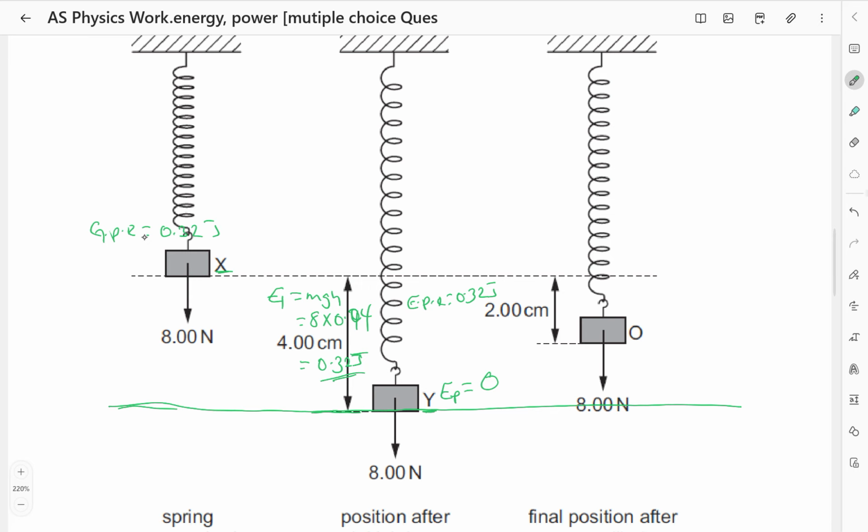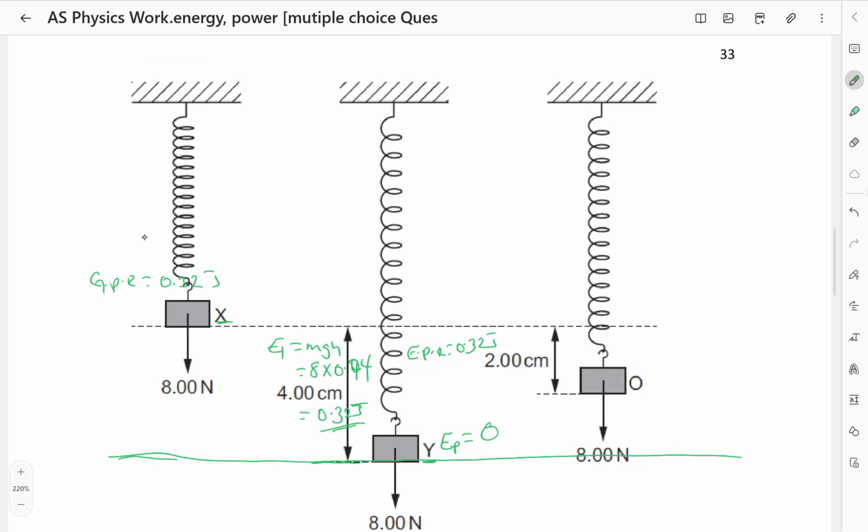Now let's look at point O. When it moves from Y to point O, it is going to gain some gravitational potential energy.